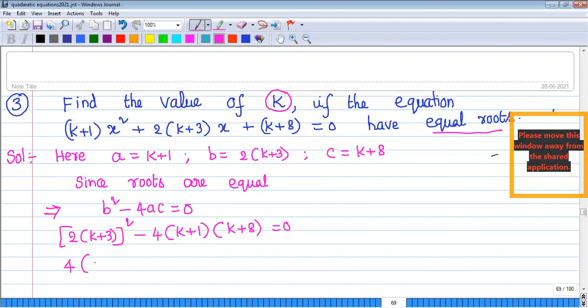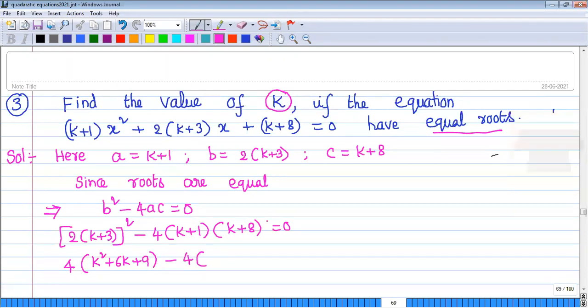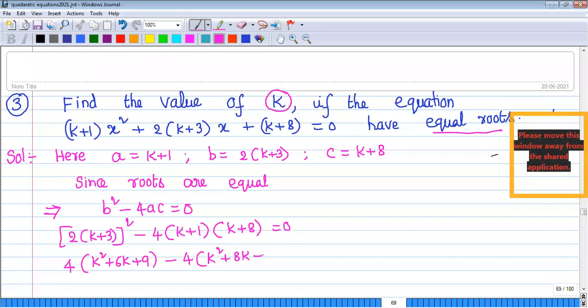The a plus b whole square formula needs to be applied. K square plus 6k plus 9 minus 4 times, see, k plus 1 into k plus 8, that will be k square plus 8k plus k plus 8, equals 0. So here we can do one thing, divide both sides by 4.